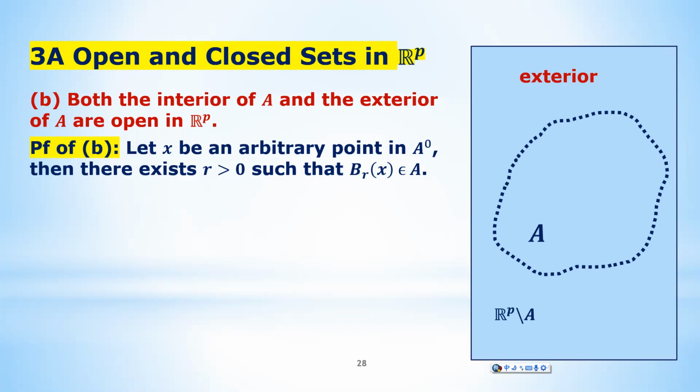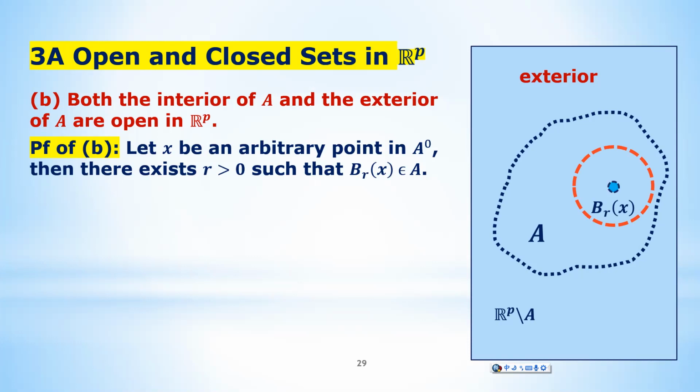Here's a picture. You can see that I have a point in the interior, which is an interior point. By definition, the whole ball is inside A. Now here's a key step. When I say there is a ball inside A, I didn't say that the whole ball is inside the interior.